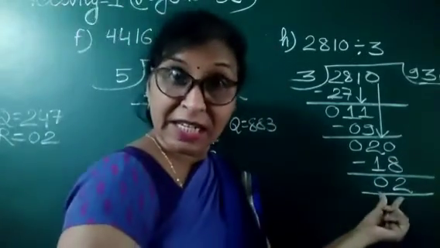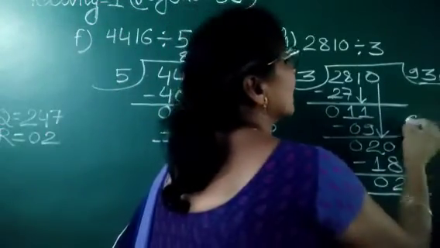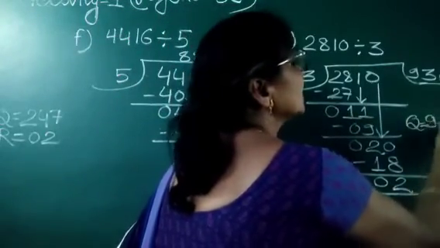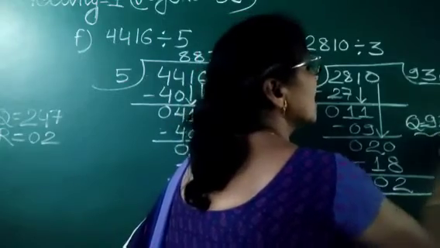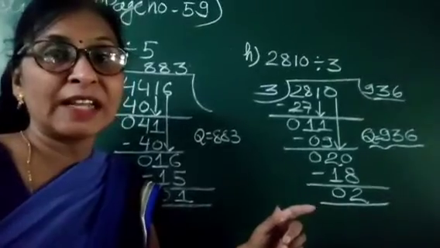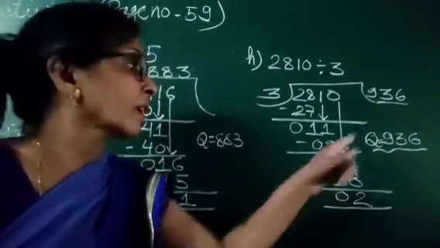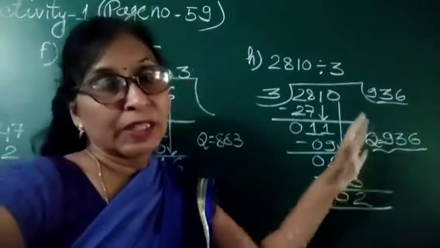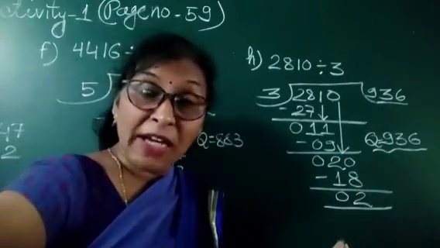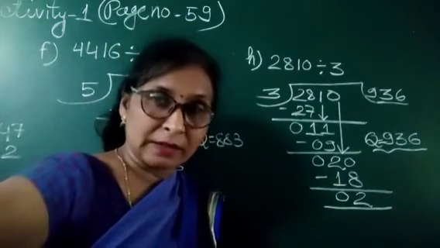So our remainder is 2 and our quotient is 936. This is the answer. Our quotient is 936. So in this way we can divide a number by the long division method.